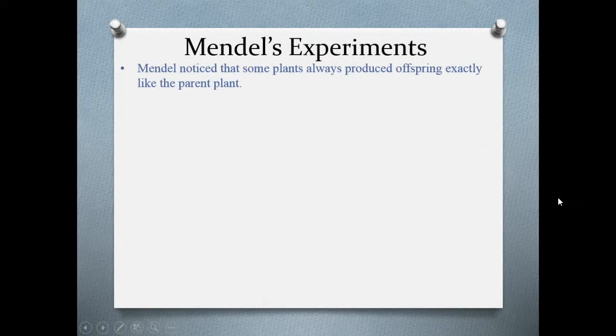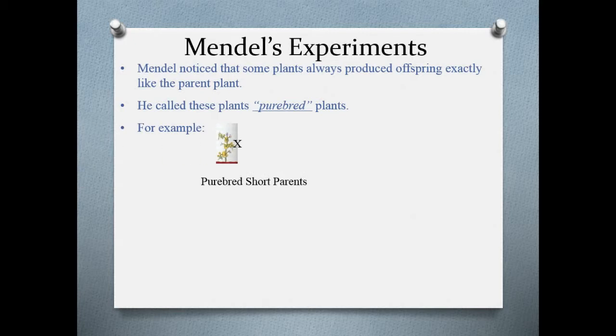Mendel noticed that some plants always produced offspring that were exactly like the parent plant. He called these plants purebred plants. For example, one of the traits that he worked with was the height of the plant. Some plants grew to be very short, called dwarf plants, and some plants grew to be taller. He called these tall.